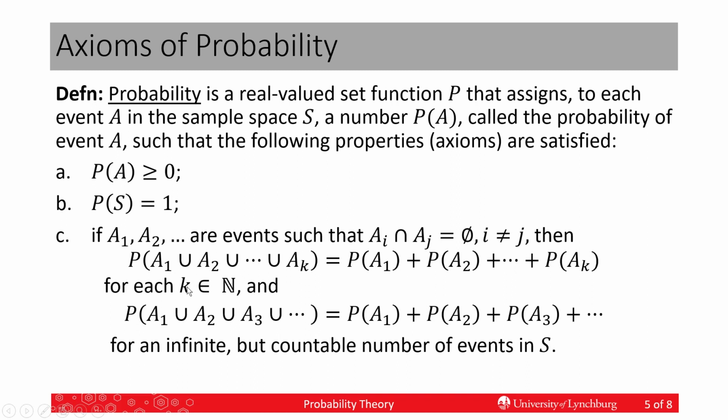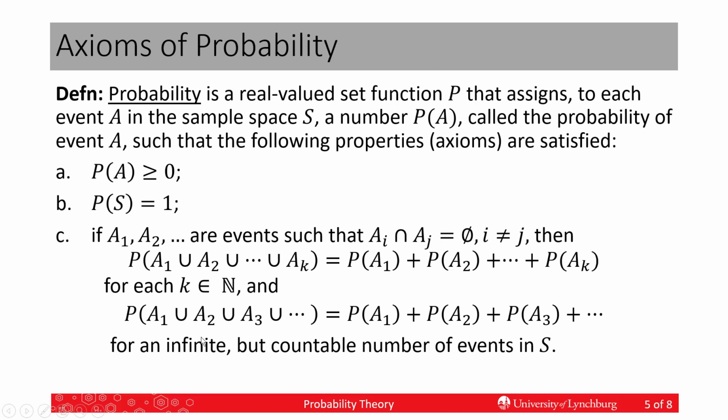And that's for any k in the natural numbers, so 1, 2, 3, etc. Now, the probability of the union of this infinite number of events that are inside of S, and again, they have to be disjoint, then again, you can change the unions to plus signs. You can think about it that way if you want, of all the infinite number of events. But they have to be countable, of course.